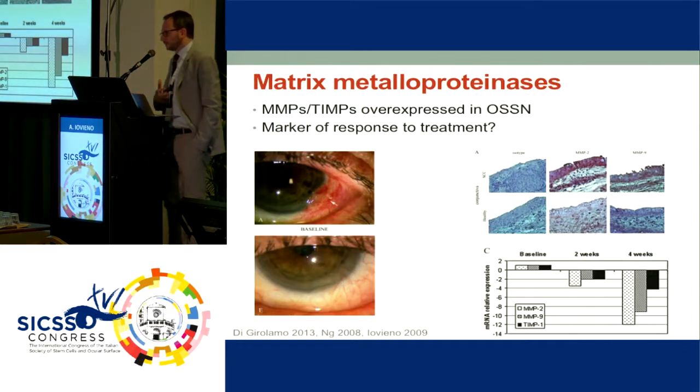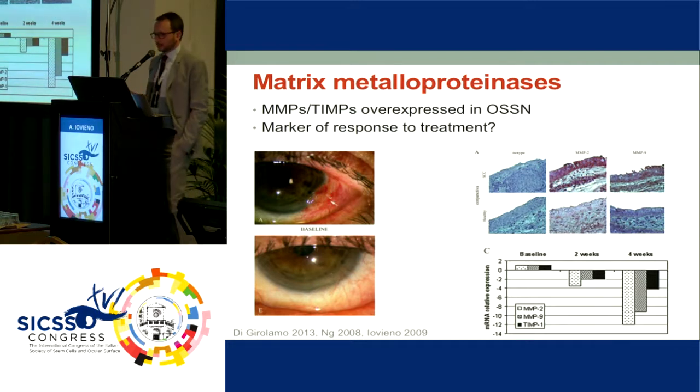A very last observation concerns the opportunity to monitor these cases over time. With the anterior segment, current approaches, nothing can be done, but we might use molecular markers. Metalloproteinases have been used, which are expressed by the tumor much more than the normal conjunctiva.